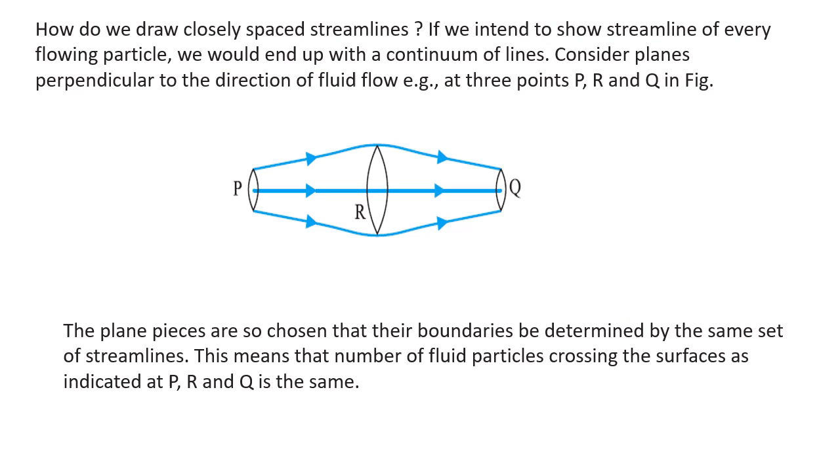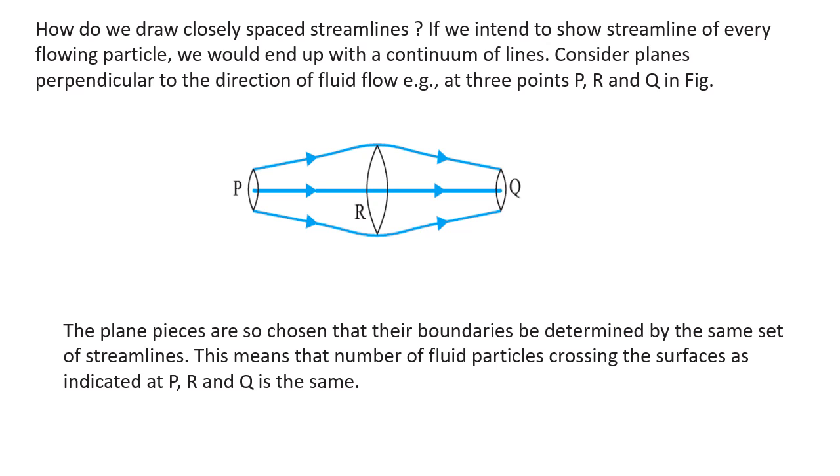How do we draw closely spaced streamlines? If we intend to show a streamline of every flowing particle, we would end up with a continuum of lines. Consider planes perpendicular to the direction of flow at 3 points P, R and Q as shown in the figure.